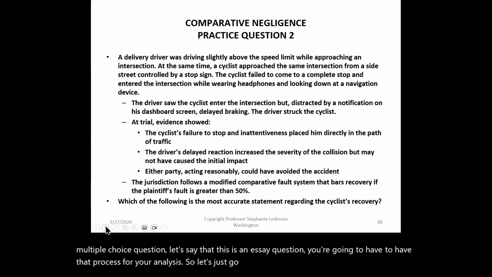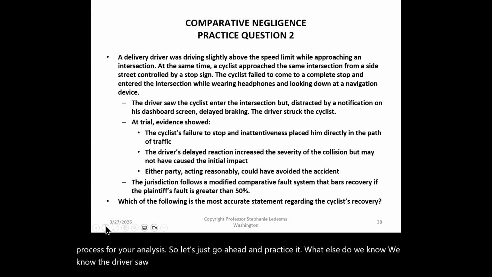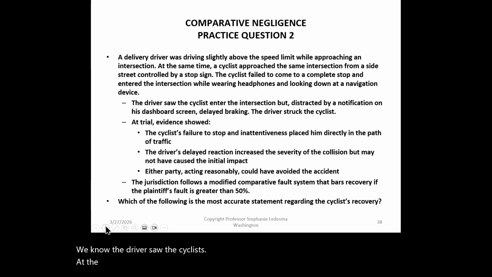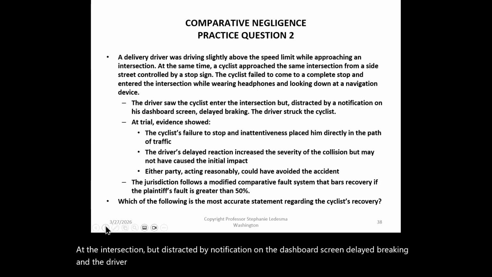What else do we know? We know the driver saw the cyclist at the intersection, but was distracted by a notification on the dashboard screen, delayed braking, and struck the cyclist. So the driver saw the cyclist, but was distracted, delayed, and wound up hitting the cyclist. At trial, here's some evidence.